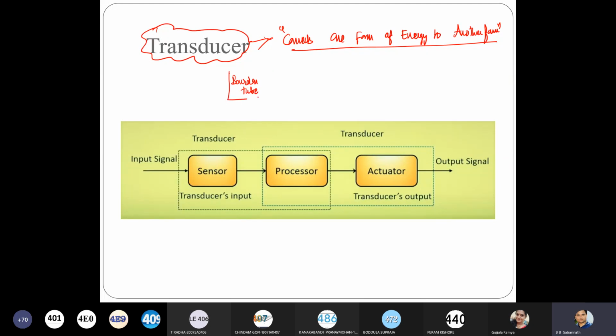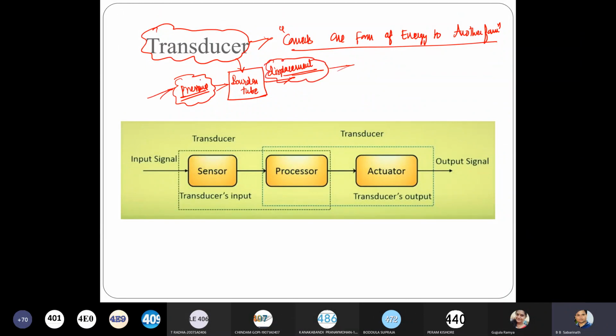In such a scenario, it is converting the pressure inside the tire to displacement. This I am calling a transducer: it converts one form of energy, pressure, to displacement, which is another form of energy.